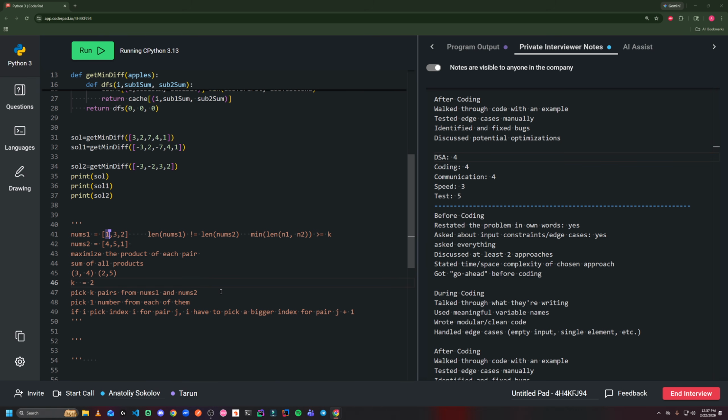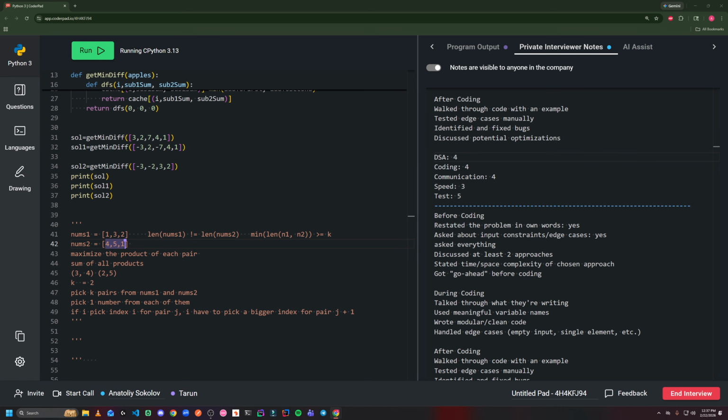For every index, I'm going to match with every other index of the other array, like 1 and 4, I'm going to get the product 4, and 1 and 5, and 1 and 1. That wouldn't work because if you match 1 and 1, now you don't have any more pairs to pick because they have to be in increasing order. If I pick this for the first pair, I don't have anything else I can pick.